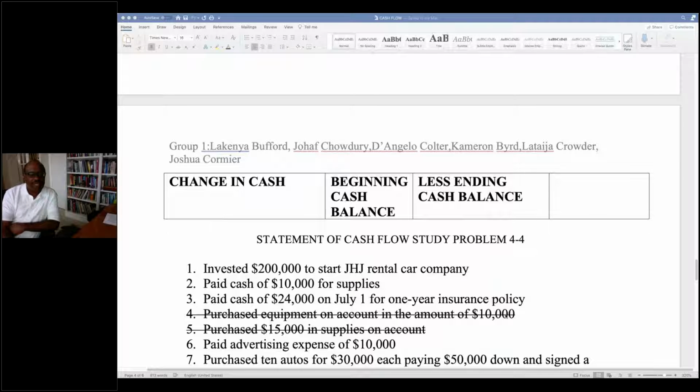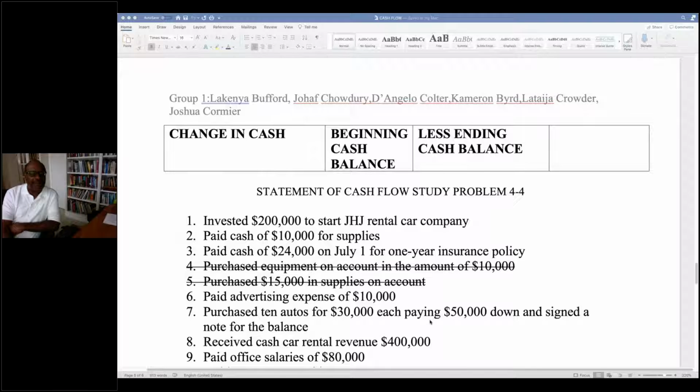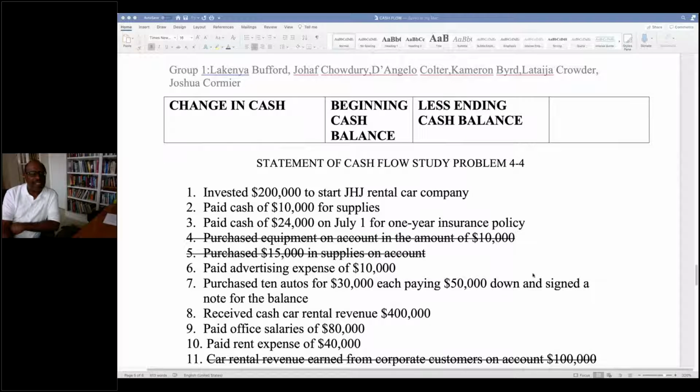You purchased equipment on account, you scratched it. You purchased supplies on account, you scratched it. Paid advertising expense, you did that. Then you purchased 10 automobiles for $300,000, paying $50,000 down.